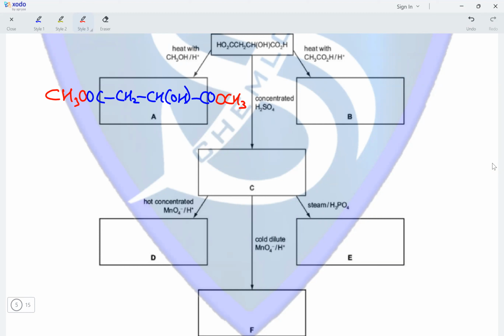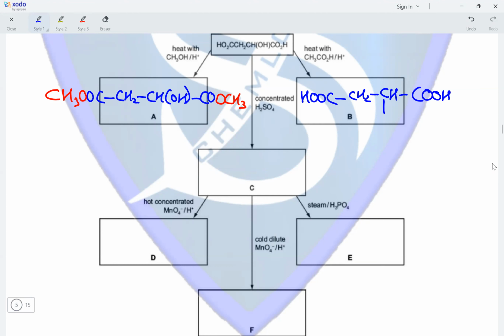Compound B is heated with CH3COOH, which is ethanoic acid. And here we would end up with another ester bond being formed, but this time the reaction would be of the OH group of malic acid. So the COOH groups would stay as they are. So HOOC, CH2, CH for malic acid, then COOH.